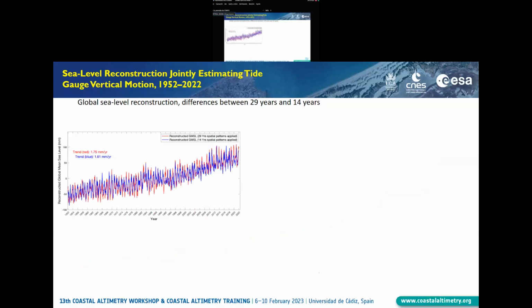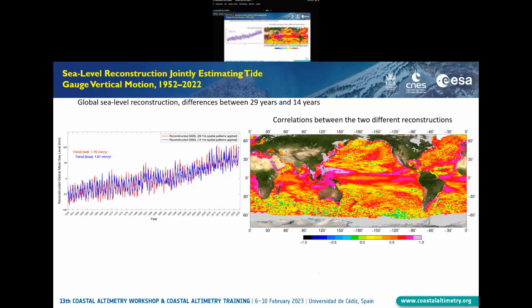All right, so this is the same time series you saw where the two mean sea level trend. And then we actually compute a correlation over here for the two different reconstructions. You can see it's kind of complicated. Most of the time it's correlated, but there are times that they are not.